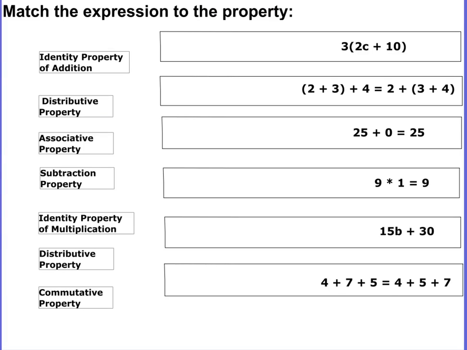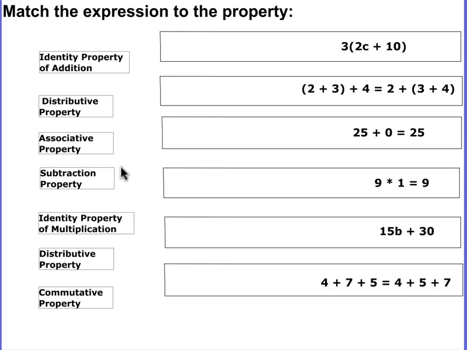So first, and you're not going to be able to manipulate these because you're seeing this in the video, but you can actually drag the name of the properties over to the expressions. So what I want you to do is on binder paper or in your math notebook, write down these expressions here.